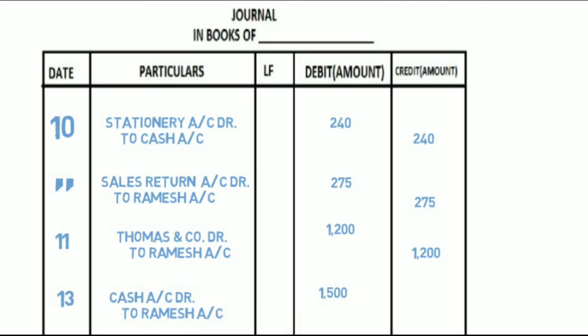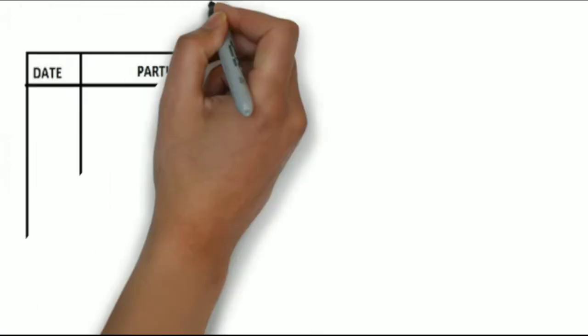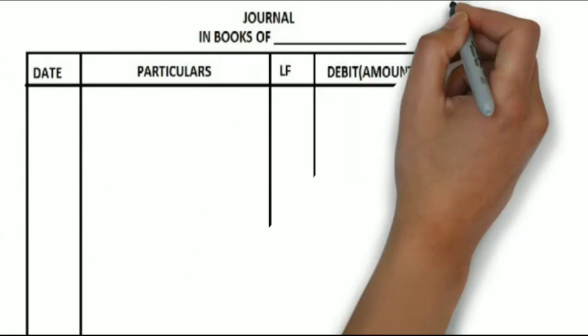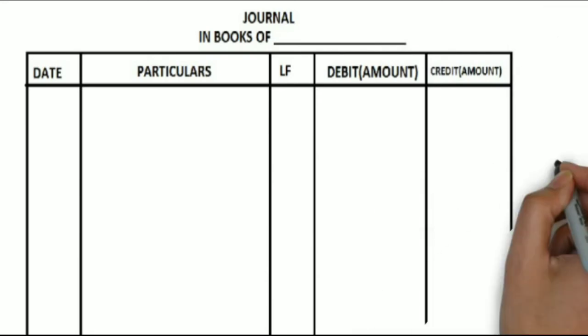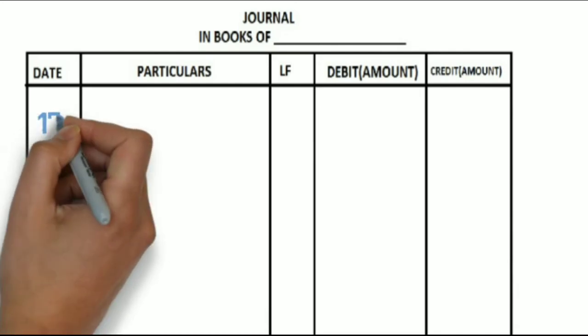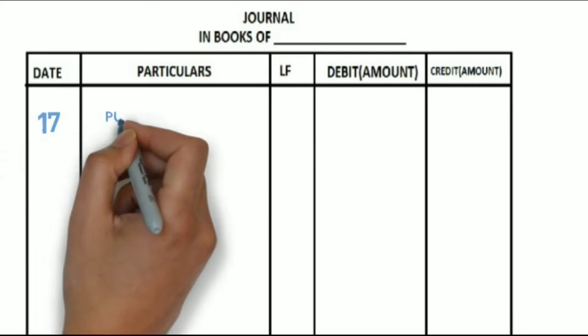And on 17th, oh I forgot to tell you, you can see on the date 6th Ramesh was our debtor, so when he pays us cash, the debtor which was an asset has been reduced, so he is being credited. And on 17th purchase goods from Sangi for cash 2500.